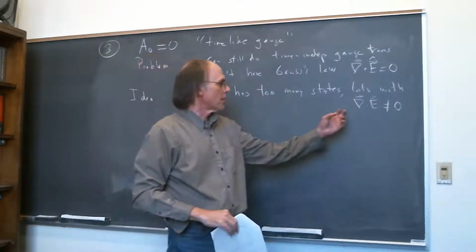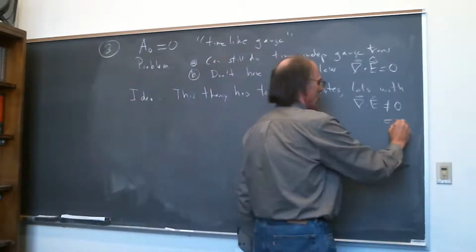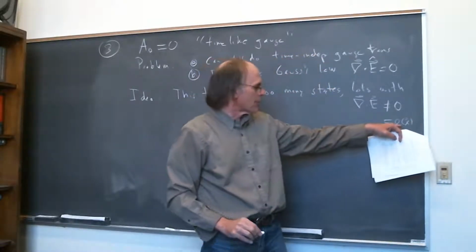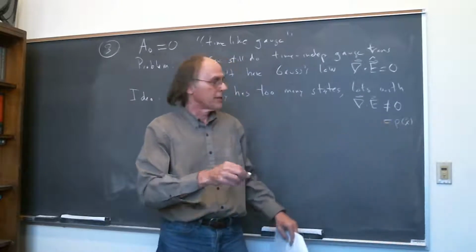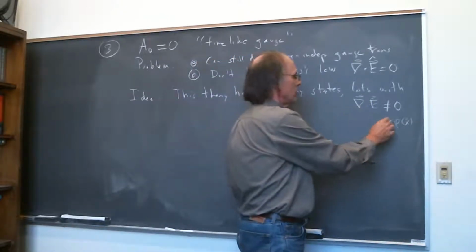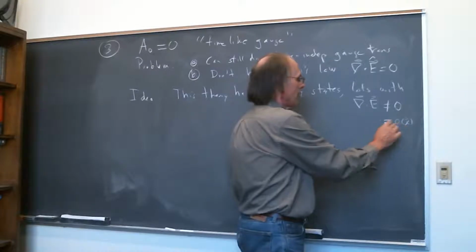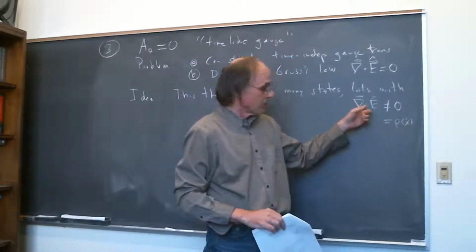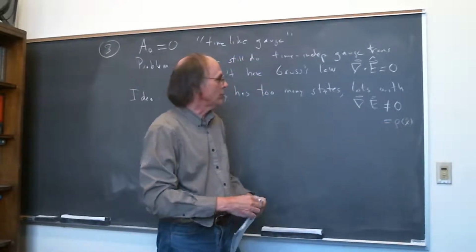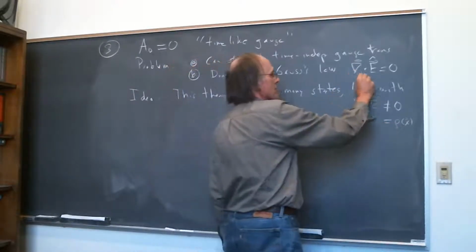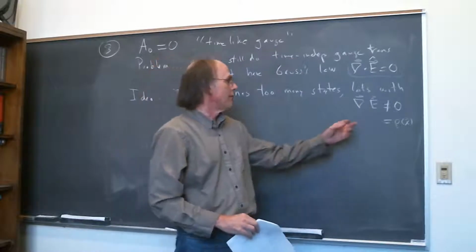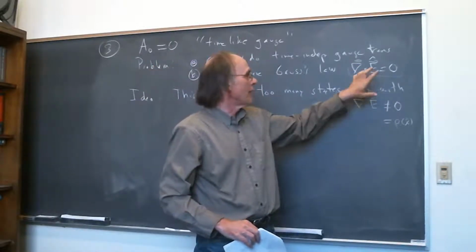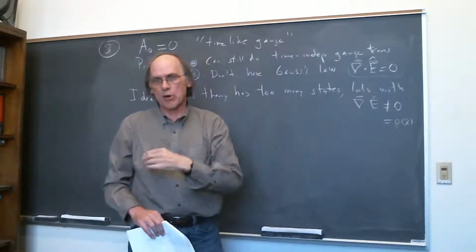Remember that Gauss's law was that if you had some kind of charge density, we're trying to do this in the vacuum, but if you actually had a charge density, then you would have this equation. If our problem is that we don't have this operator equation, then there are many states which are eigenvectors of this operator, but with non-zero eigenvalues.